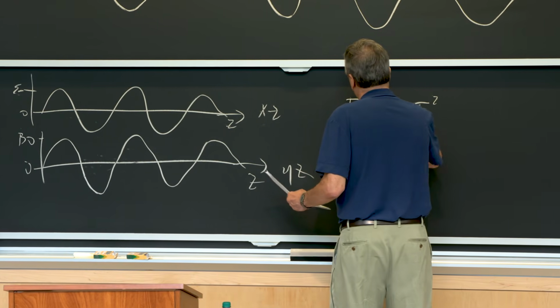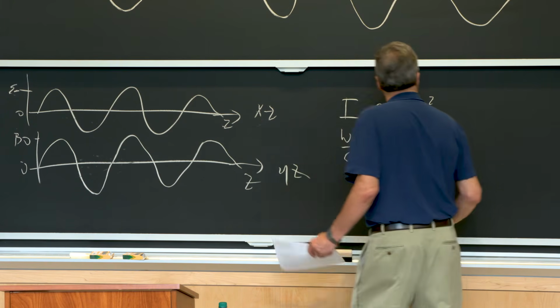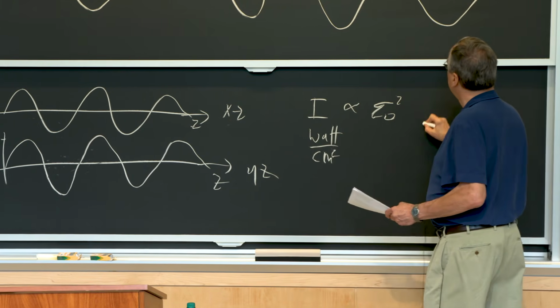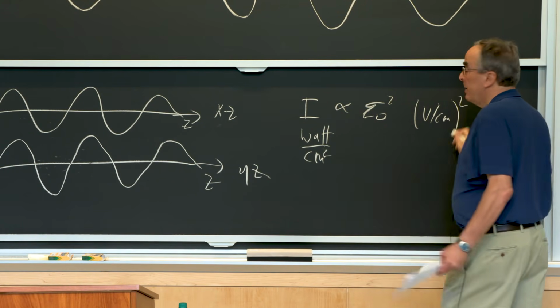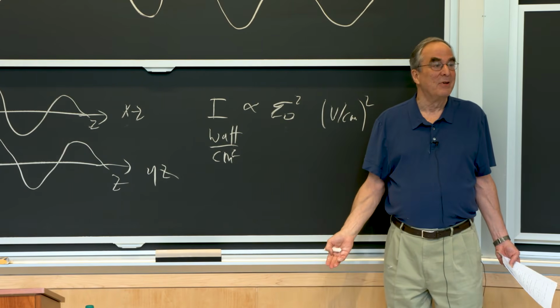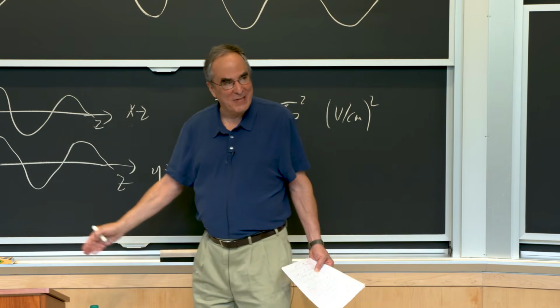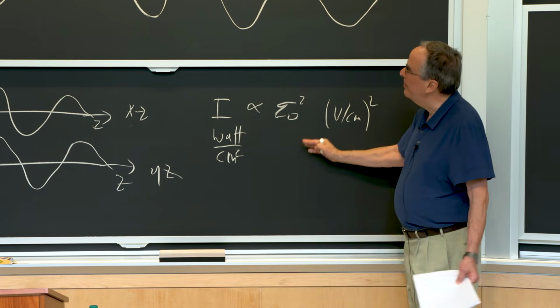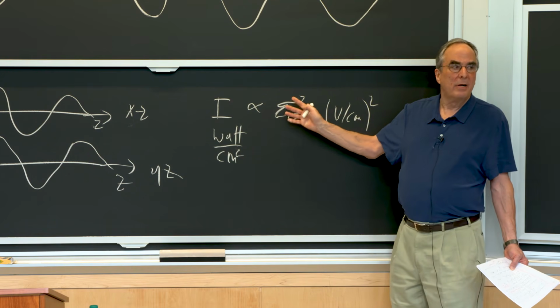It's also measured in watts per square centimeter, and this is in volts per centimeter squared. Now, I'm an old-fashioned guy. I use centimeters instead of meters. You'll just have to forgive me for not using MKS units. But the important thing is that the intensity is related to the square of an electric field.